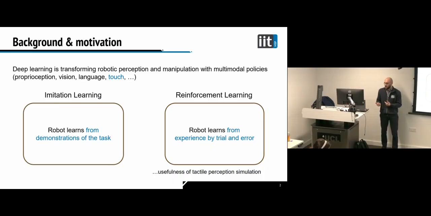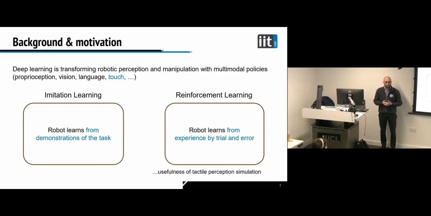With reinforcement learning, however, the robot can interact with the environment, and it can potentially discover more optimal actions and have a better performance with respect to the demonstrations, but it's very time-consuming, and usually training is performed in simulation and then transferred to the real world.